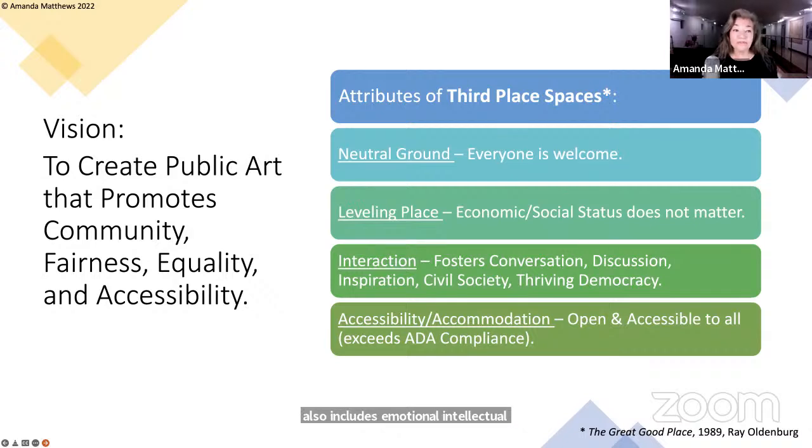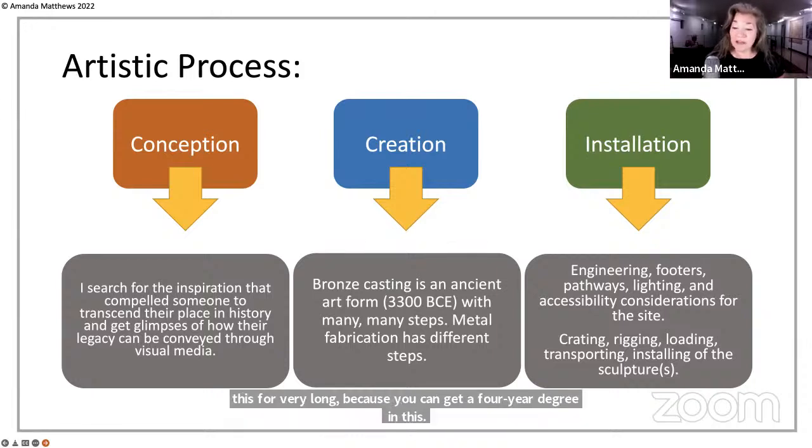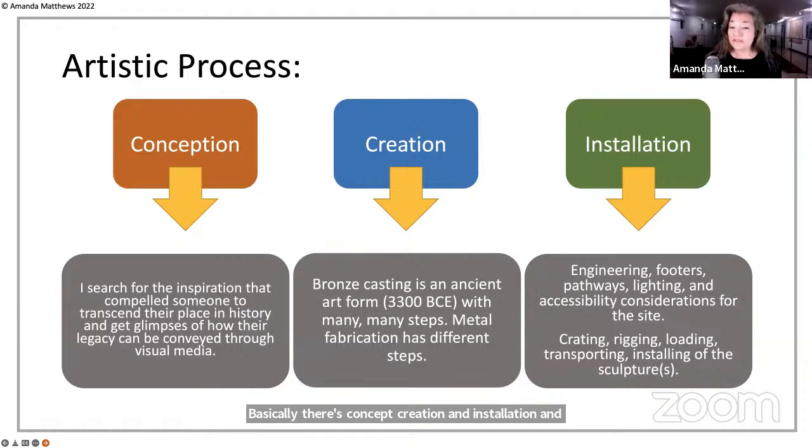So the artistic process, I'm not going to speak about this for very long because you can get a 4-year degree in this. Basically, there's concept creation and installation. And in public art, there are lots of other factors involved than in other types of art forms. You know, engineering, pathways, lighting, accessibility, the mere size.